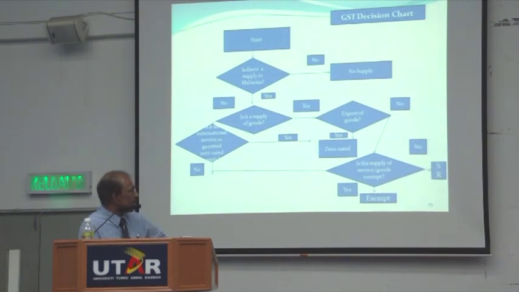And this side here is the supply of services, and as you can see there, is it an international service or gazetted zero rated supply? If it's no, no tax. If it's yes, then it comes back to, as we said, supply of goods or service exempted. So if exempted, then no tax, it is not standard.